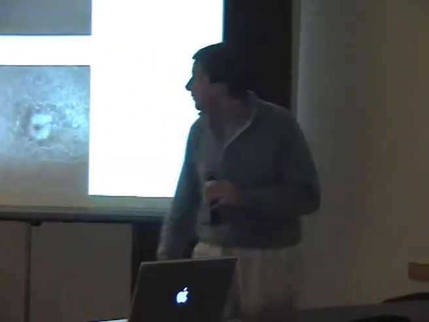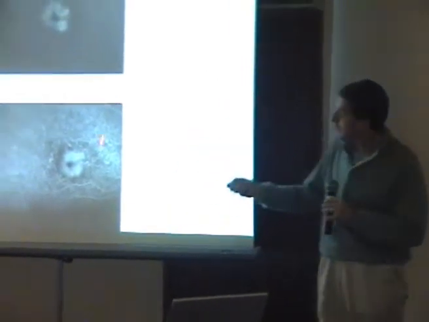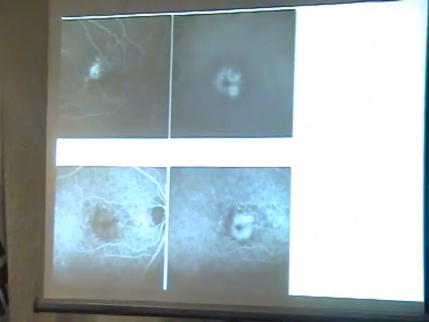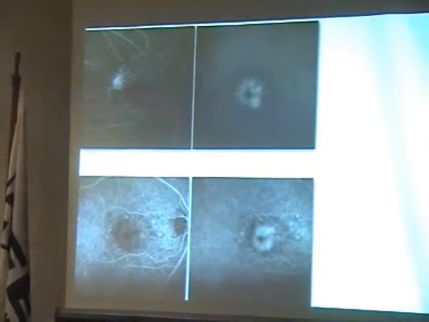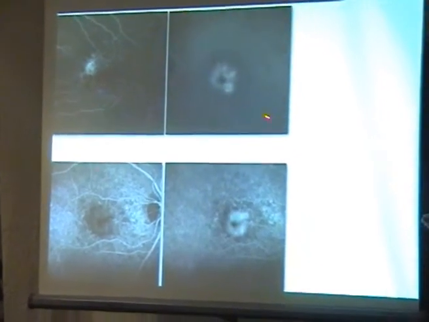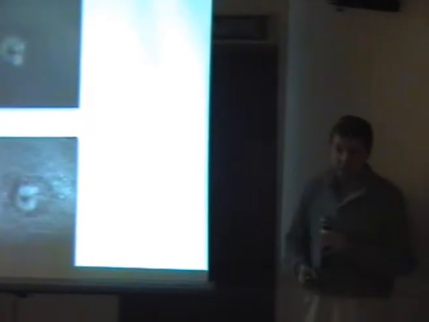This is another case, two other cases referred to us for photodynamic therapy. Early and late frames, early and late frames. Remember, fluorescein angiography is a dynamic exam. It's not just one single frame.